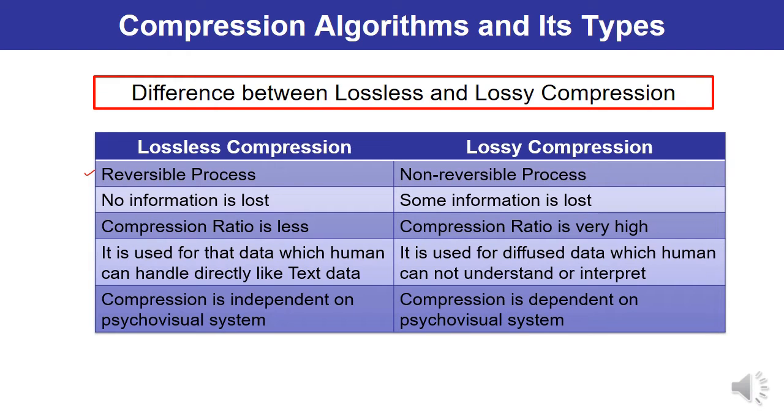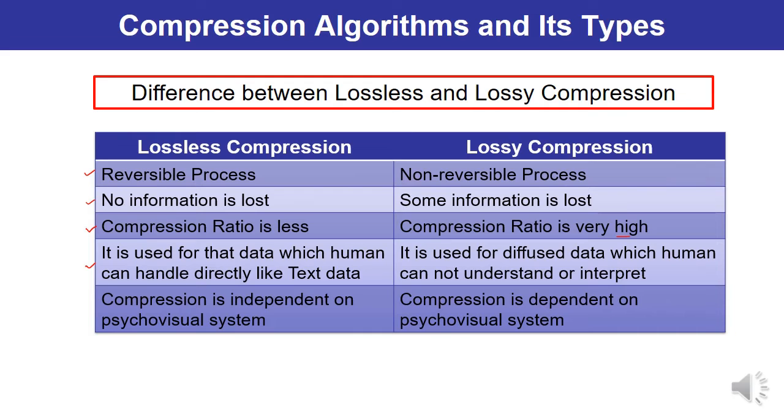In lossless, no information is lost, while in case of lossy, some information may be lost. In lossless compression, compression ratio is less, while in lossy compression, compression ratio is very high. Lossless compression is used for data which humans can handle directly, like text data.